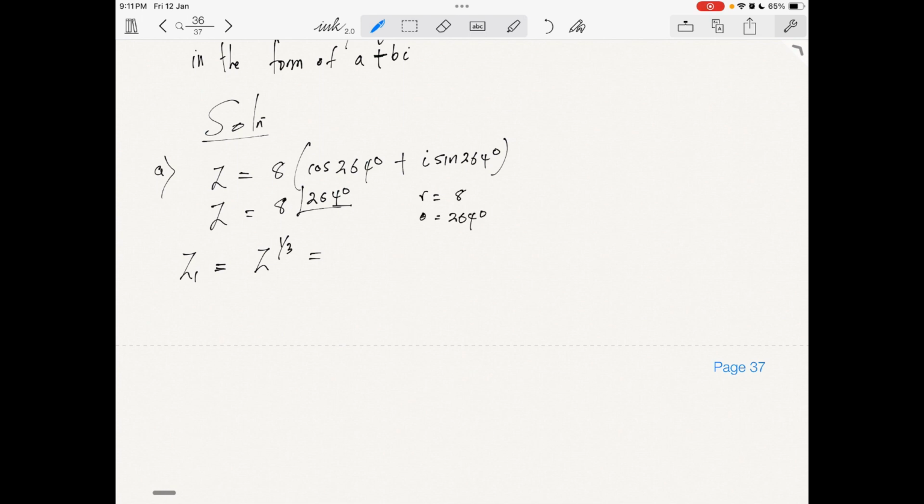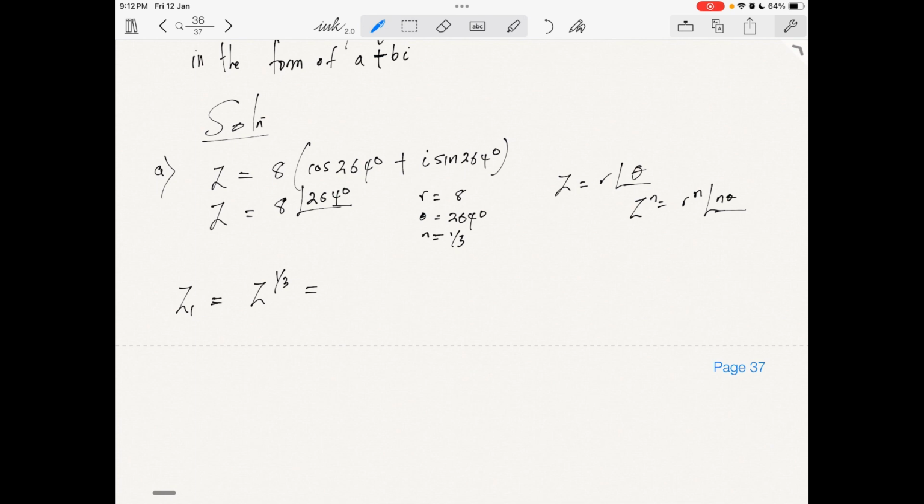And we know that if z is equal to r arg theta, then z raised to power n is equal to r raised to power n, arg n theta. So our n in this case is equal to 1 over 3. So the first cube root is z raised to power 1 over 3.